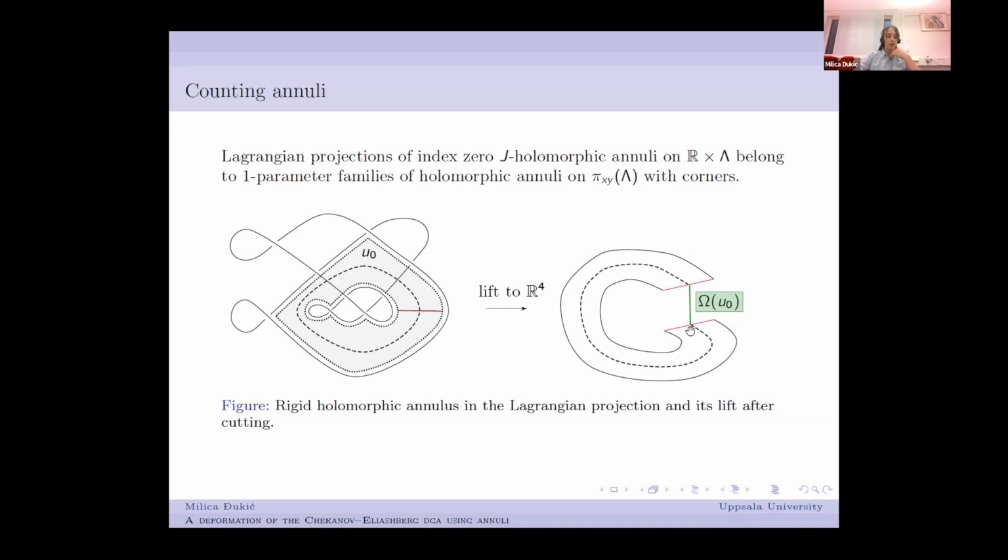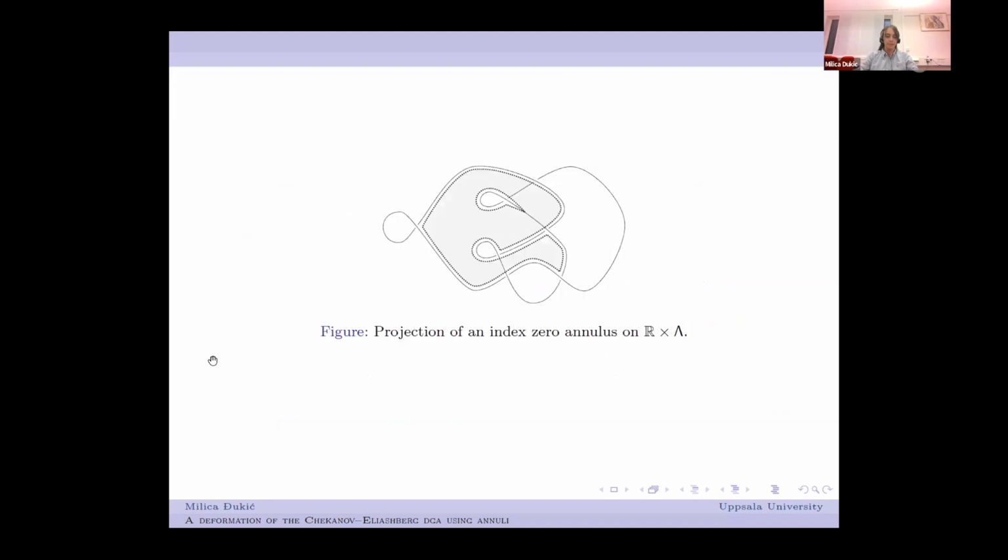So this gives us an idea that a codimension 1 subset of our holomorphic annuli can be lifted up to the symplectization. And here is an example of what can be a rigid annulus on this figure 8, not projected to the Lagrangian projection. And we will actually see soon that there will be a count of plus or minus 1 annulus in this family.